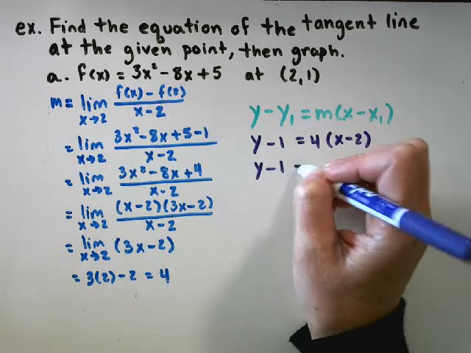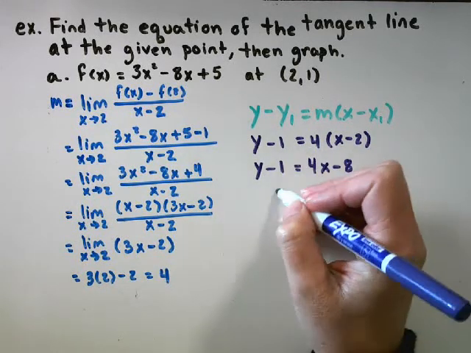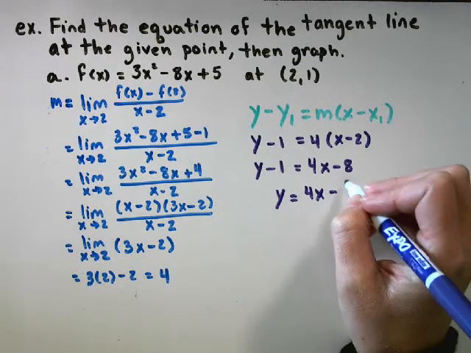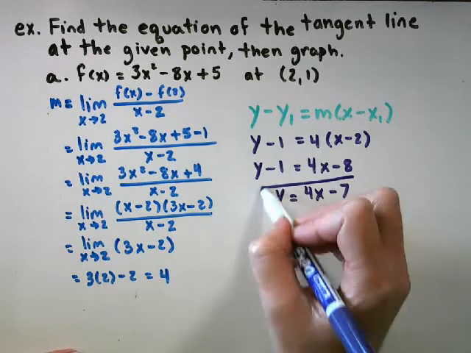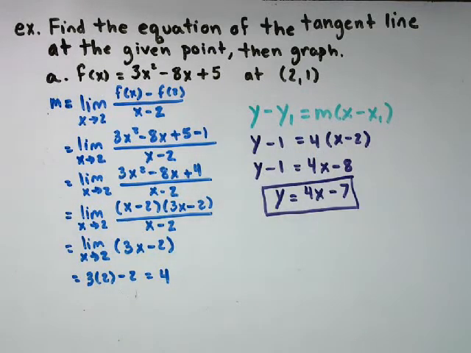So we get 4x minus 8. So y is equal to 4x minus 7. So this is the equation of the line at the point (2, 1). Then we're going to graph it, and I'm just going to graph it on the calculator to illustrate what exactly we have just found.